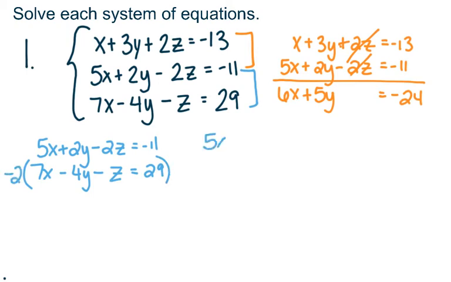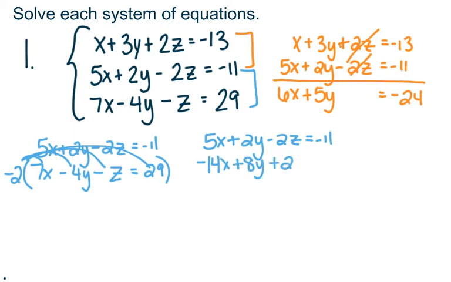So here's what I'm going to do. I'm going to write this equation over here, and I'm going to distribute that negative 2 to everything in that second equation. So I have negative 14x plus 8y plus 2z equals negative 58.